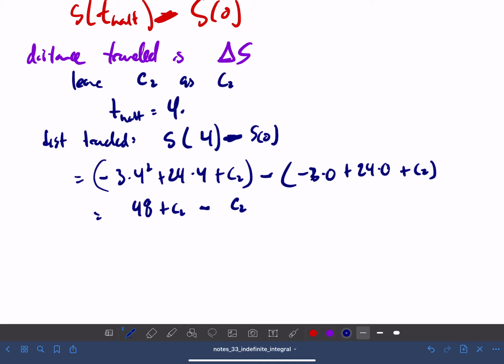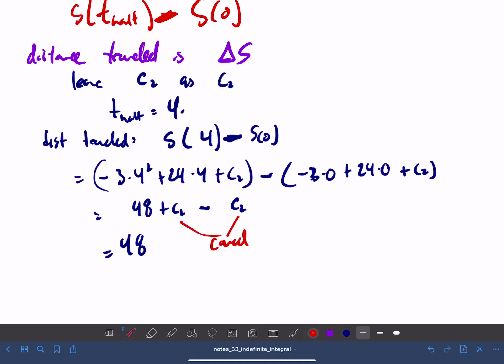Because if you drove 90 miles, you drove 90 miles, and it didn't matter where you started and where you ended. It's the difference between the two positions, and the value of this constant of integration didn't matter at all. We still get 48, right?